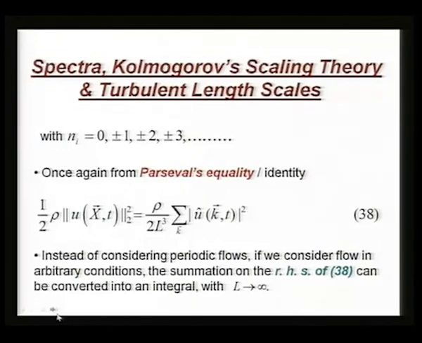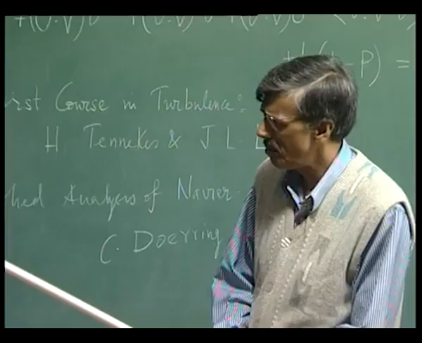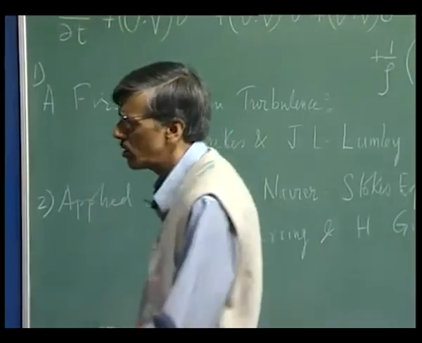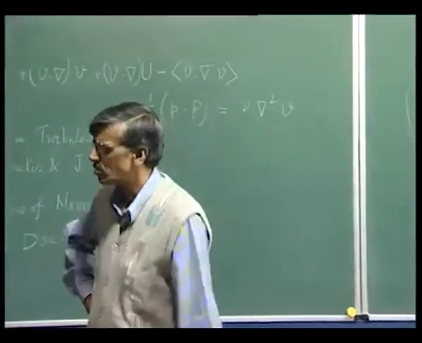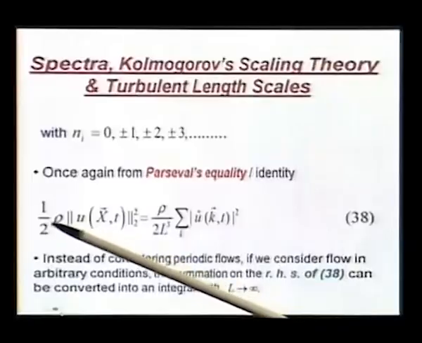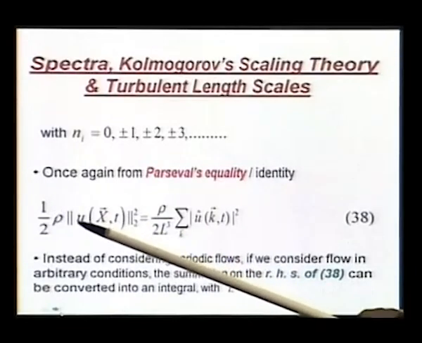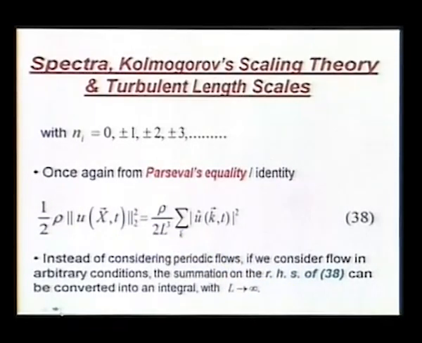Once we have defined the velocity field either in the physical plane or in the transform plane, we can invoke what is called Parseval's equality or identity, which is a very simple observation: if I look at the kinetic energy per unit volume in the physical plane, that is half rho times modulus of u as a function of x and t squared.